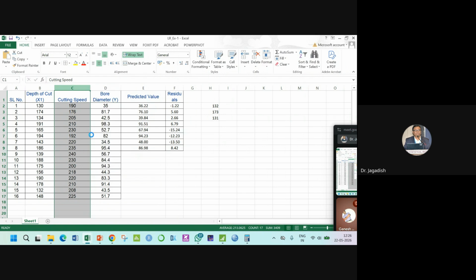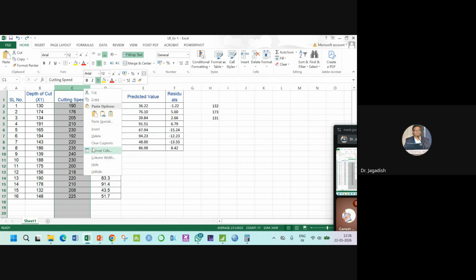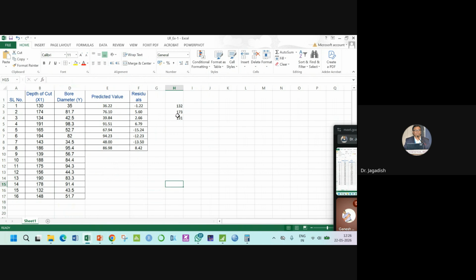So let's see. I'll hide this and check how much it is for 131, 190. I want to know 164, 162, 162. Any values you can find.